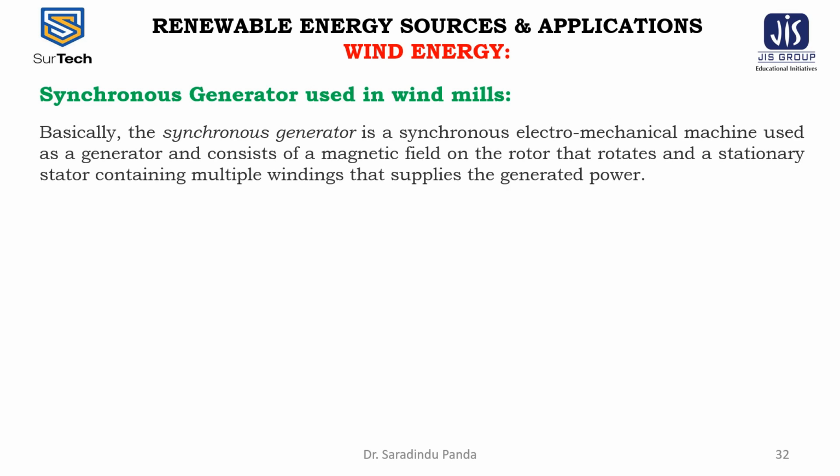Basically, the synchronous generator is a synchronous electromechanical machine used as a generator and consists of a magnetic field on the rotor that rotates and a stationary stator containing the multiple windings that supplies the generated power.